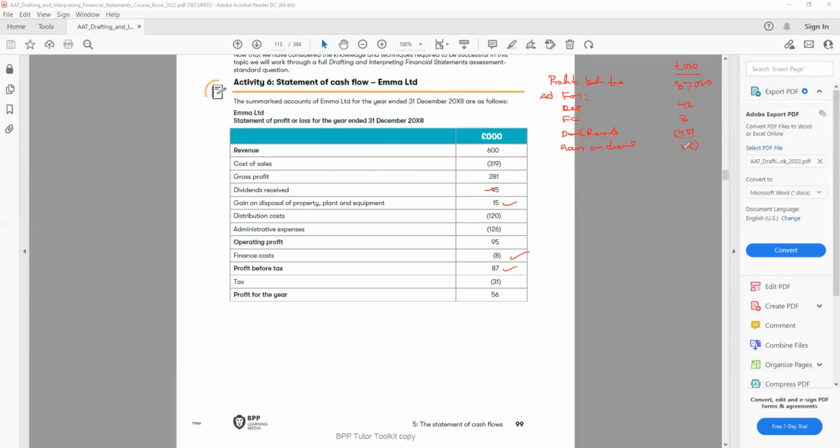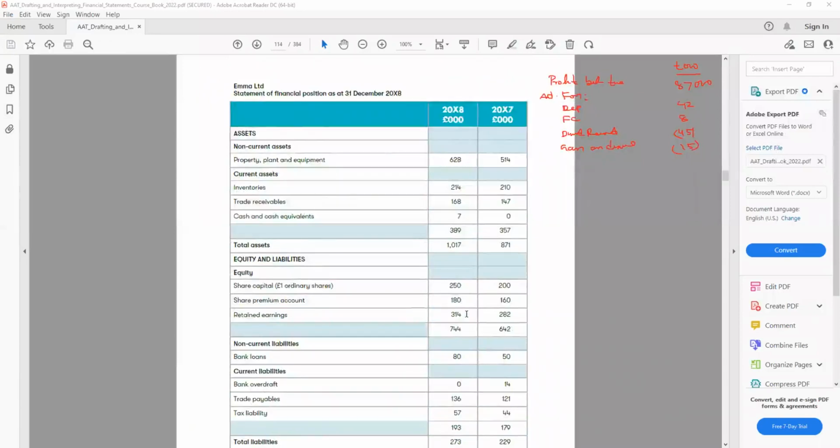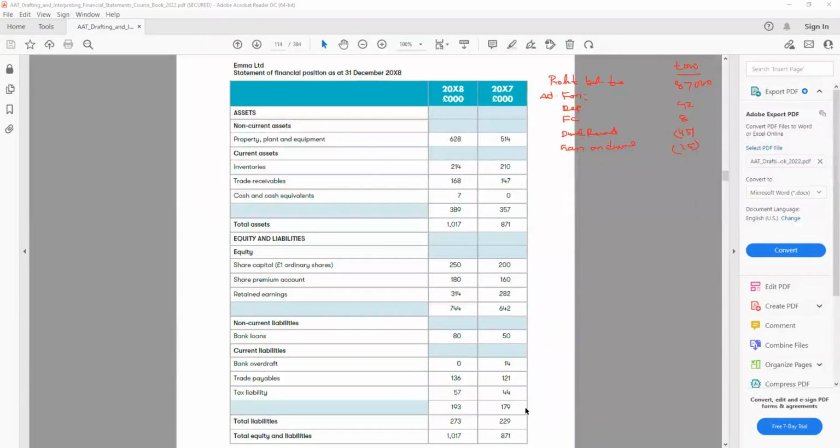And then after that we have to see our 3 adjustments, that is the inventories, receivables, and payables. So if we go down and you look at inventories, payables, and receivables. The first one, you do inventory. In inventory, we can see it actually increased from 210 to 214.